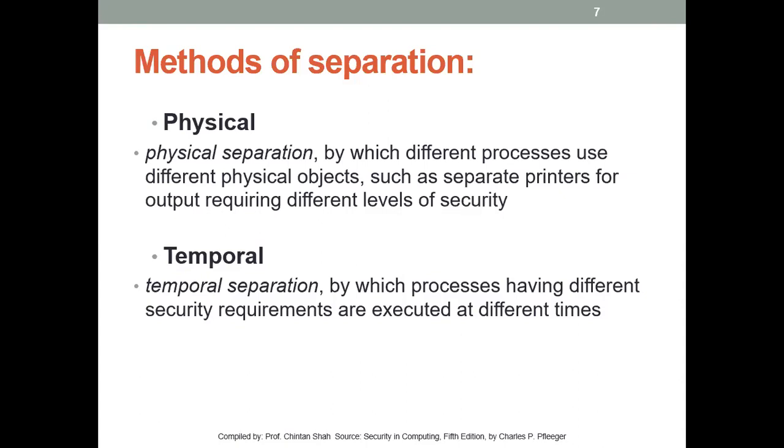So what is physical separation? Physical separation is a separation by which different processes use different physical objects, such as separate printers for output, requiring different levels of security. Clear? So physical separation is nothing but keeping different hardware units for different users.